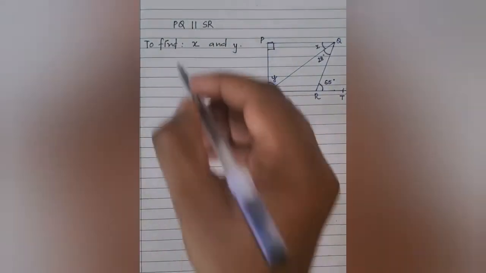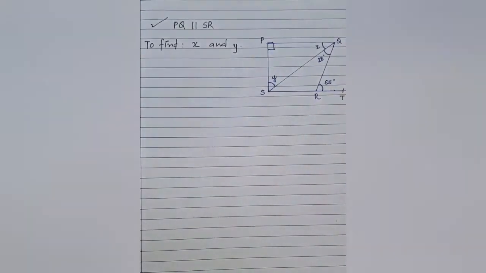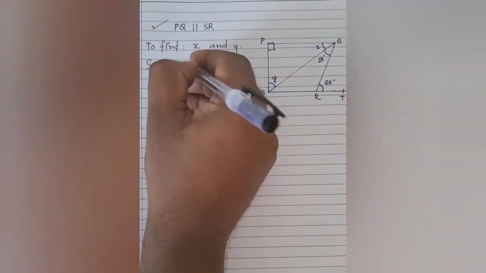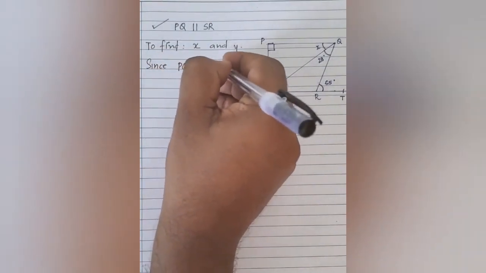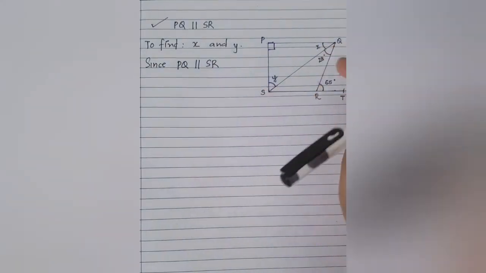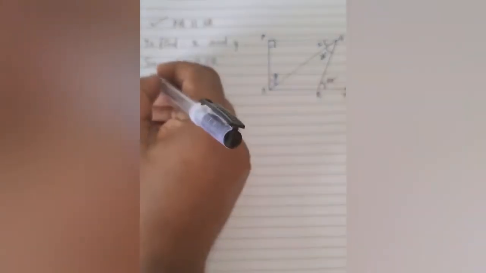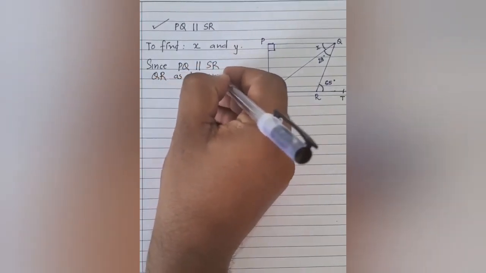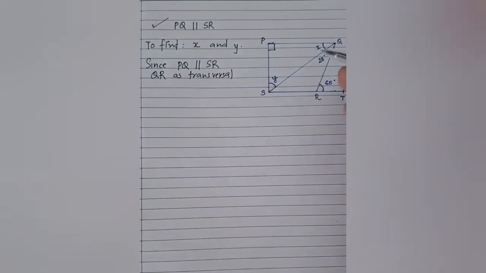Now, what is the given data? That PQ is parallel to SR. Let me utilize that, and at the same time consider QR as a transversal. Since PQ is parallel to SR, and I take QR as a transversal, what I can conclude is that this entire angle will be equal to this one.